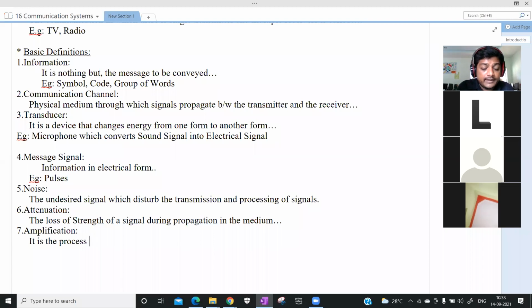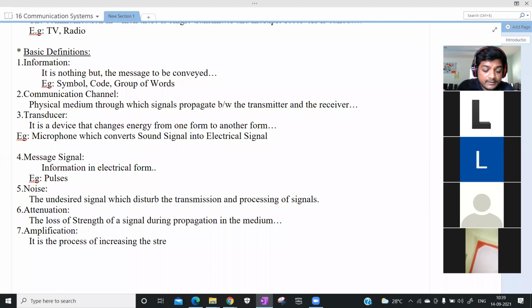It is the process of increasing the strength of the signal using what? Using an amplifier.